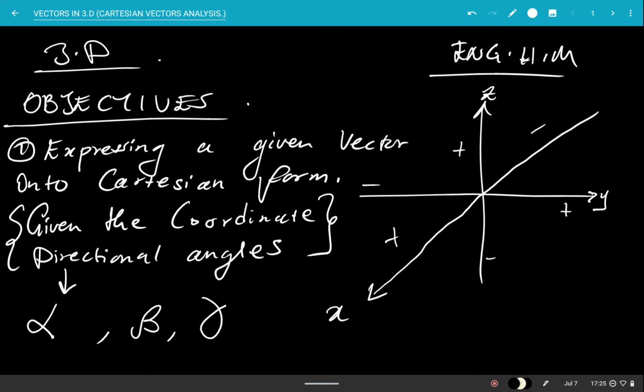You need to understand that alpha, beta, and gamma are these coordinate directional angles. I'll show you exactly how you're going to apply them with an example. So let us go to the example and see how best we can understand these techniques of expressing a given vector into a Cartesian form.